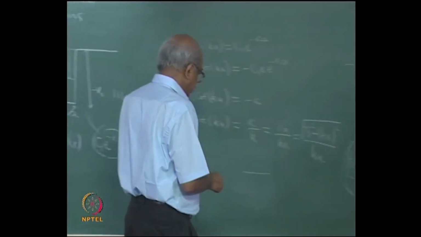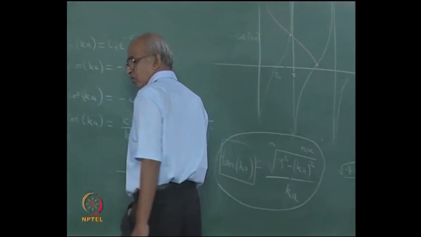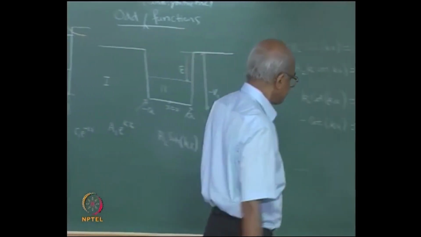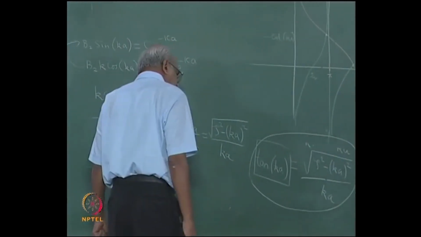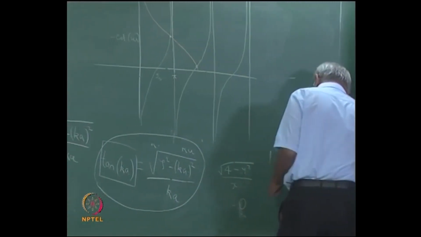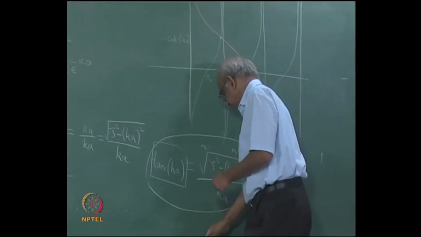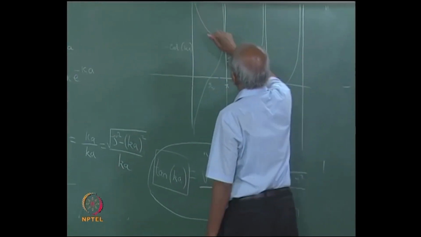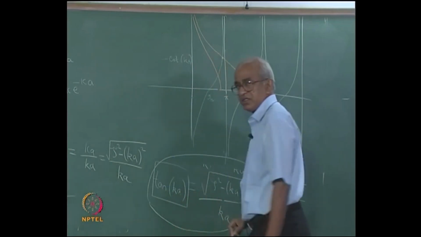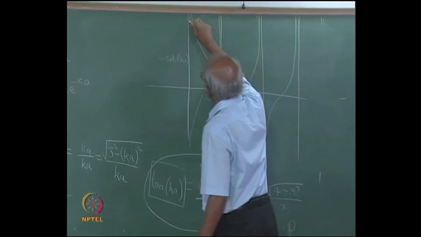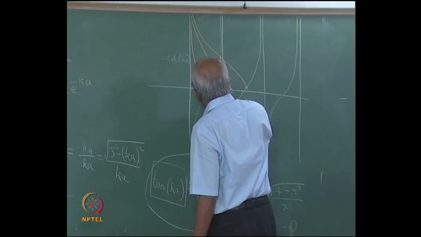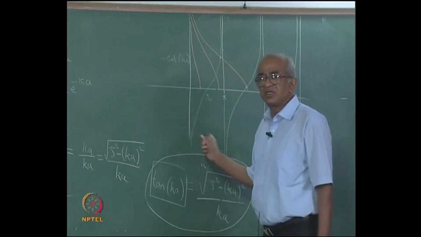If you made it weaker, I can make it weaker and have it in this form, that is a possibility, but it is also possible for me to make it fairly weak, so that the curve will terminate here, so that there is no intersection.